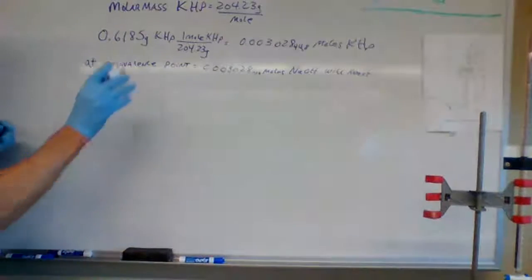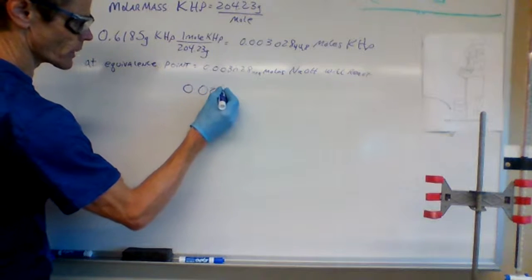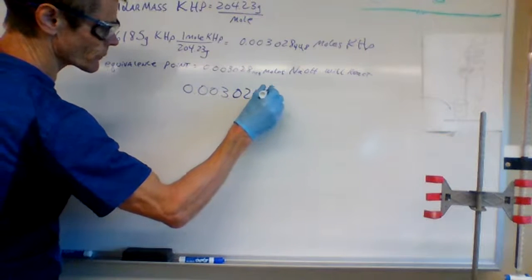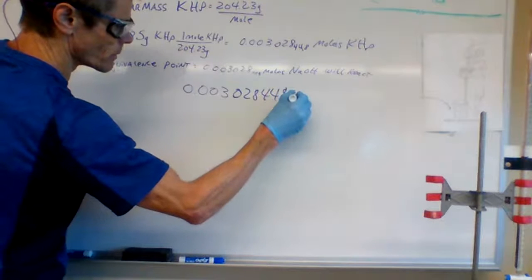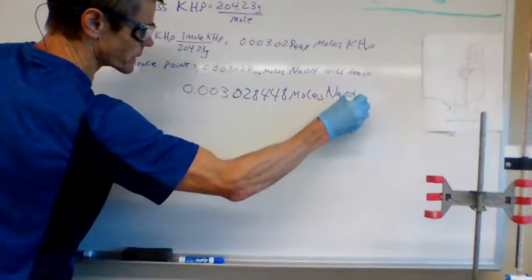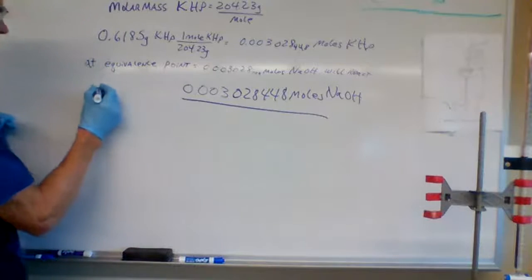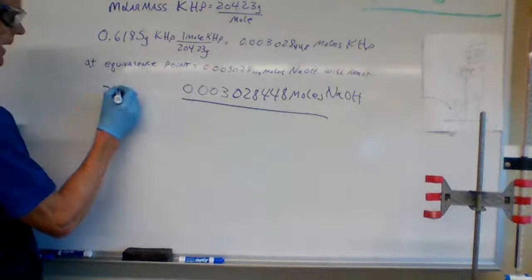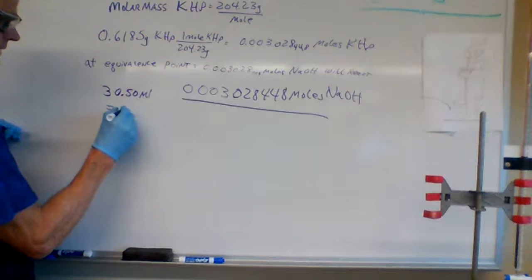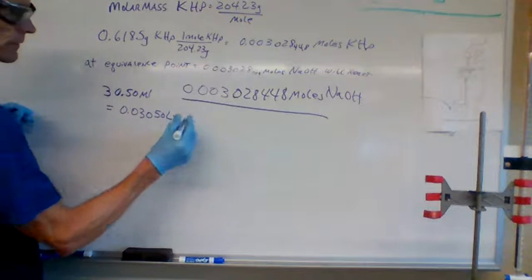So our data told us that we have 0.003028448 moles of sodium hydroxide. The volume that we've delivered in liters, remember we said our data was at 30.5 milliliters, which is equal to 0.03050 liters.